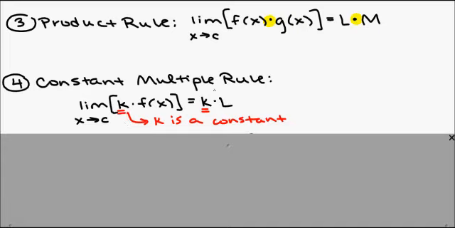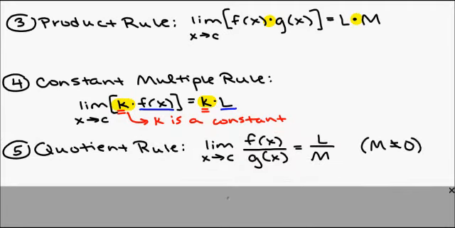So it's the limit of this first part, which is k, times the limit of this function, f of x, which is the L. So this is pretty similar to the product rule. It's just with a constant. So this is with a specific function instead of a general function, f of x or g of x.